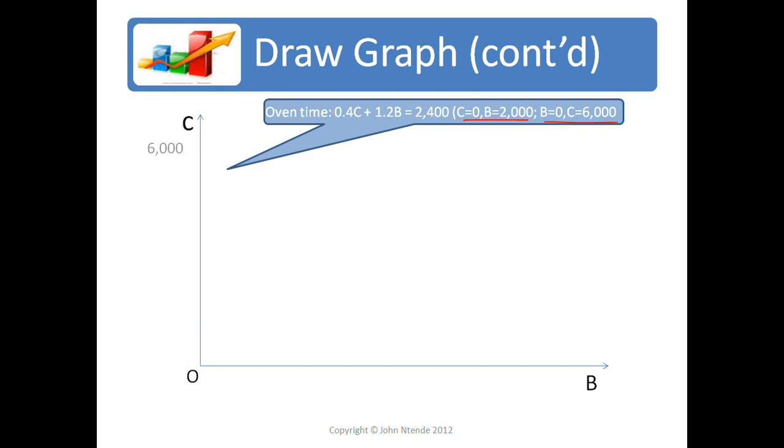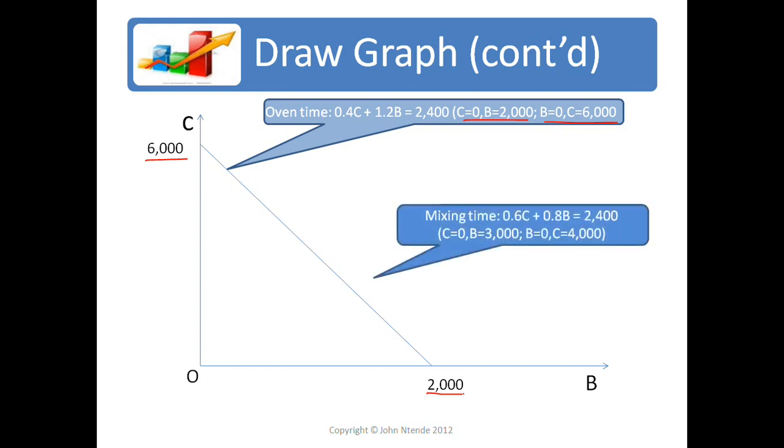This point here is the point when B is equal to 0 and C is equal to 6000. And this point here is the point when C is equal to 0, B is equal to 2000. So we join these 2 points by a straight line. That straight line is the line for oven time.